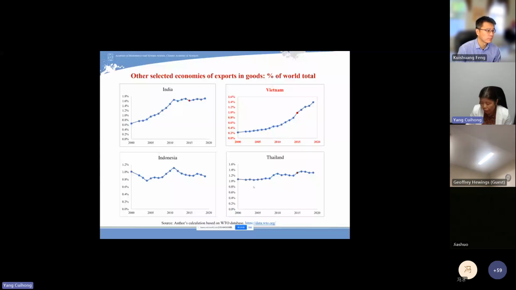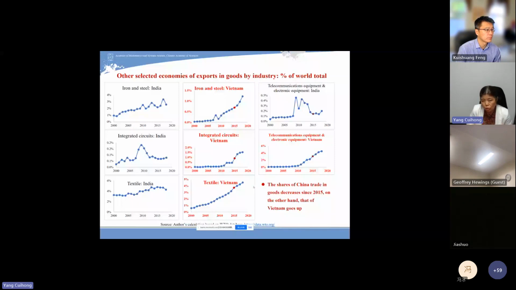So when we look into the goods, like I just showed in the second slide, in particular in Vietnam, the iron and steel, integrated circuits and textile and also telecommunication, the similar groups I just showed for China, we could see that this shows another trend. It's an upward trend, in contrary to the downward trend of China's share in these goods.